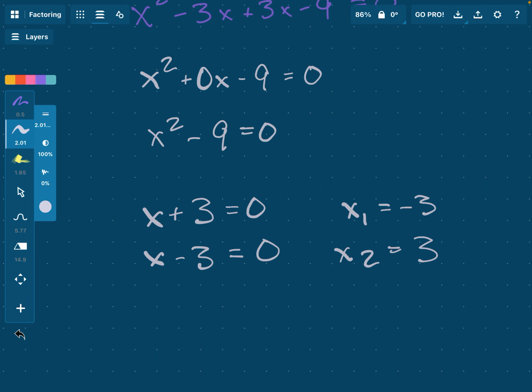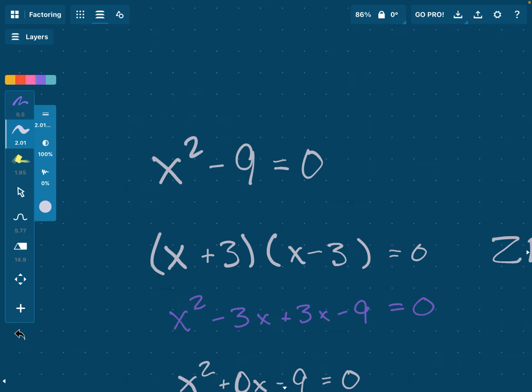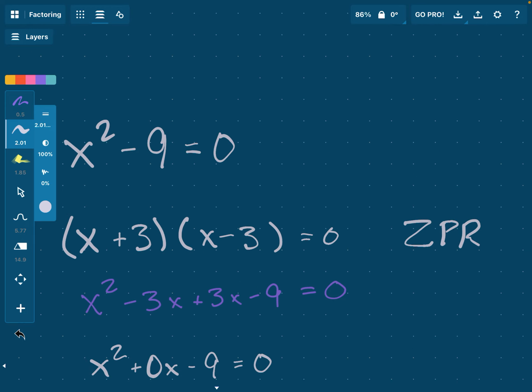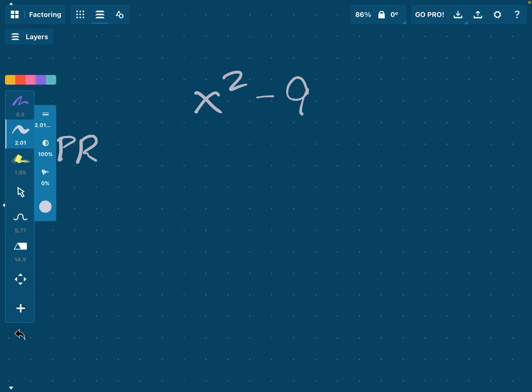But there's another one also. So we can go ahead and do it how we normally would. So we have x squared minus 9. What we're going to do is a times c on the top and b on the bottom, which here it's just 0.